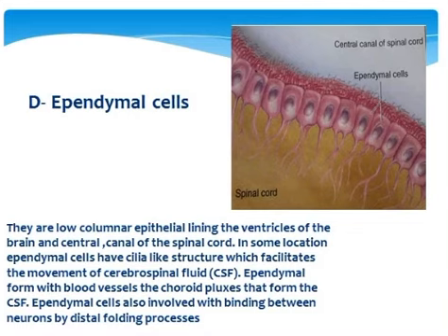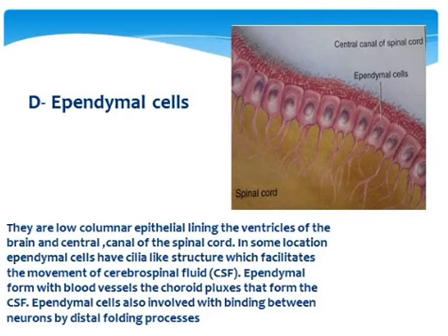Another type of central nervous system neuroglial cell is the ependymal cell. These are low columnar epithelial cells lining the ventricles of the brain and the central canal of the spinal cord.